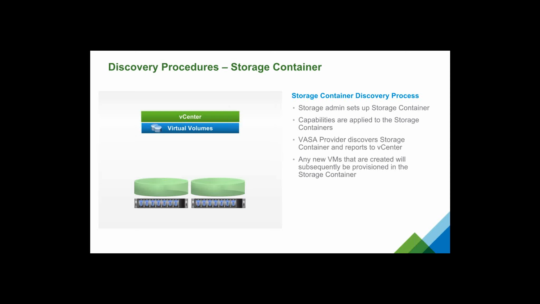The storage containers will be created, and the capabilities of those storage containers will be associated with them. The VASA provider will communicate this back to vCenter, and then the vSphere admin will create the VMs.